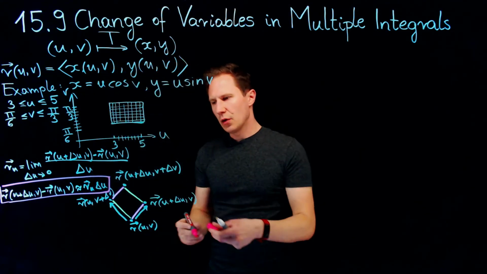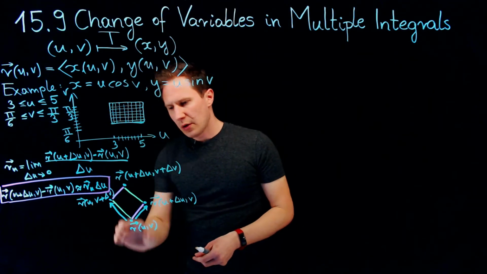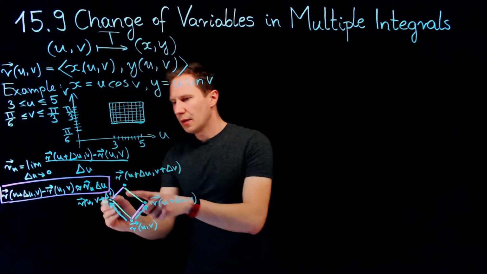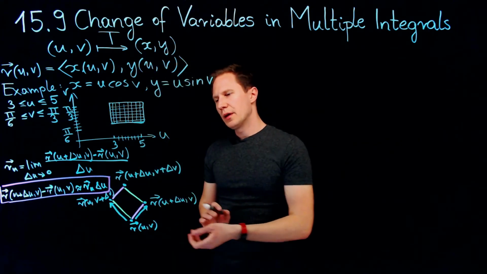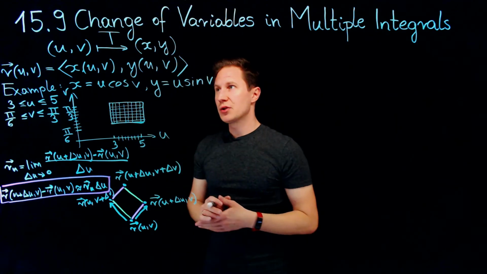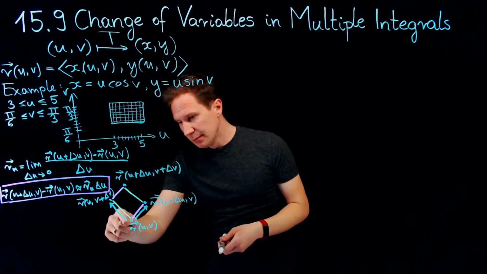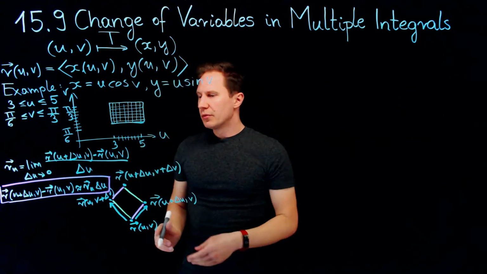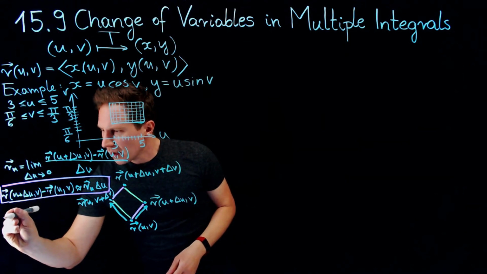So that side of our polar subrectangle can be approximated by the u derivative of this vector r, which encodes the transformation from uv to xy. And similarly, the other side, for the same reason, can be approximated.